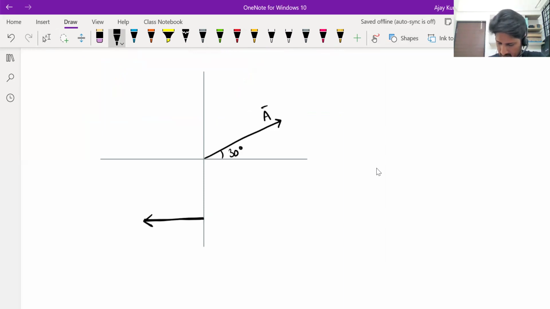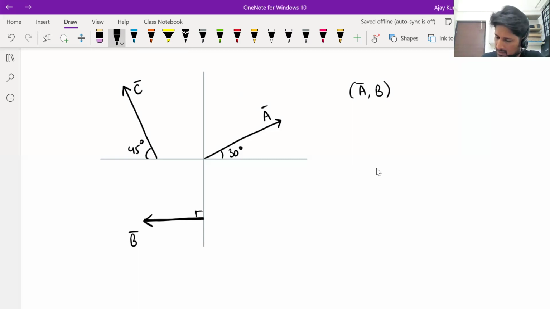That won't change the vector. This is vector B, perpendicular to y-axis. Then there's another vector C. Assume this is 45 degrees.